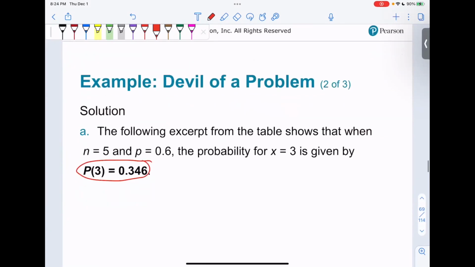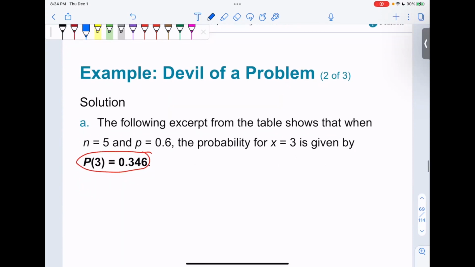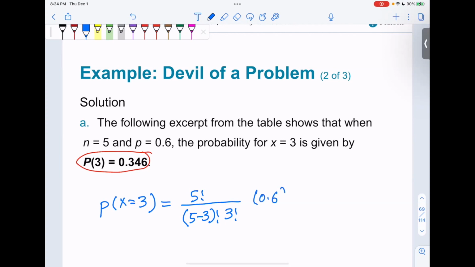And if you want to use the formula, probability of X equal to 3 equals 5 factorial divided by 5 minus 3 factorial times 3 factorial, times p, which is 0.6 to the power x, which is 3, and then q, 0.4 to the power 5 minus 3.